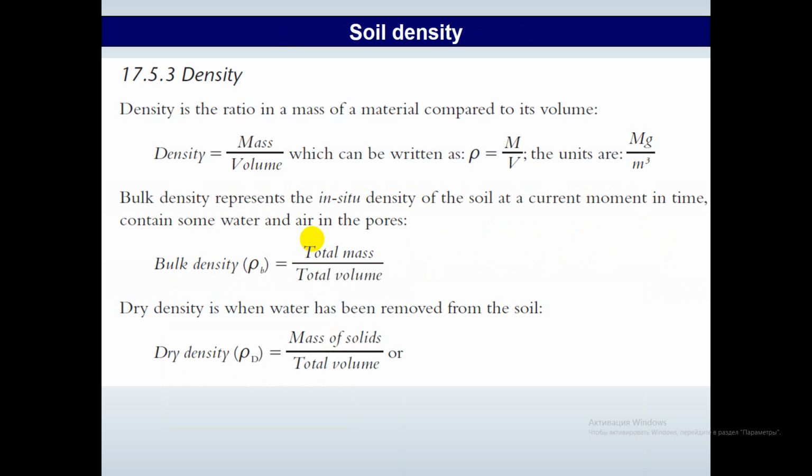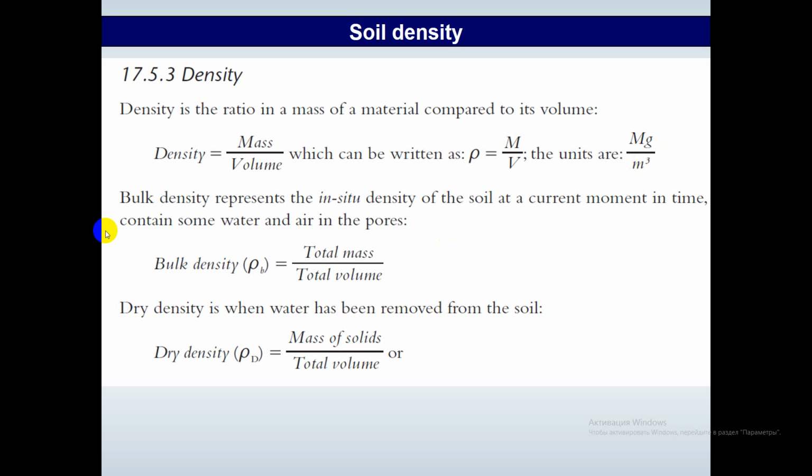About density. Soil density. Density is the ratio of the mass of a material compared to its volume. Density equals mass divided by volume, which can be written as this formula, and the units are megagram divided by cubic meter.